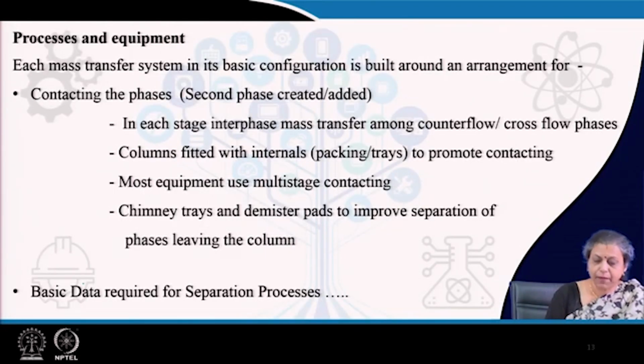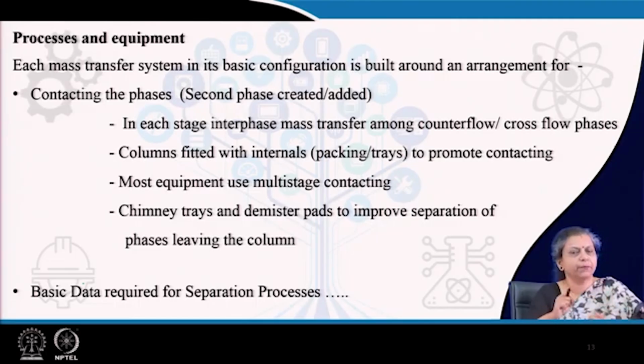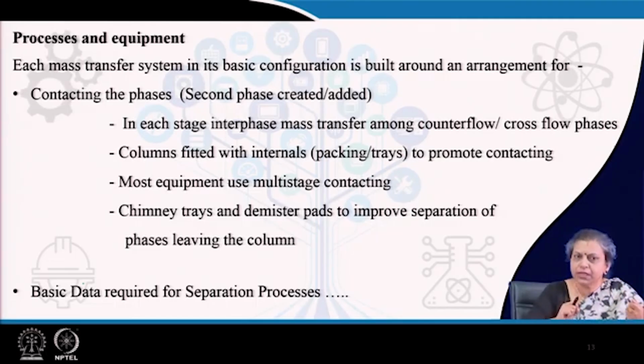You should also remember that after the two phases are brought in contact and mass transfer occurs, the two phases also have to be separated out. So, all those towers are also fitted with certain attachments which would separate liquid droplets from the ensuing vapor or gas stream. We have some demister arrangement. There will be some arrangement where the gas has to be separated from the liquid stream. We have vortex breakers and things like that.